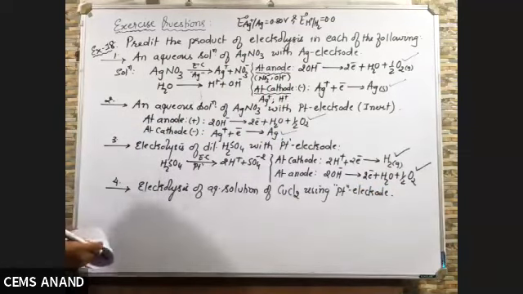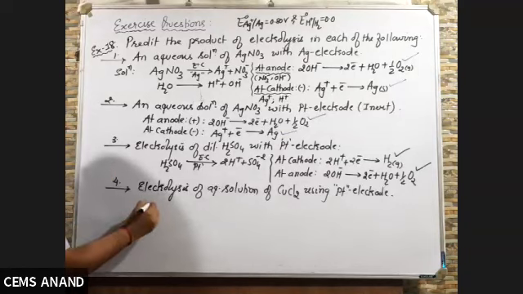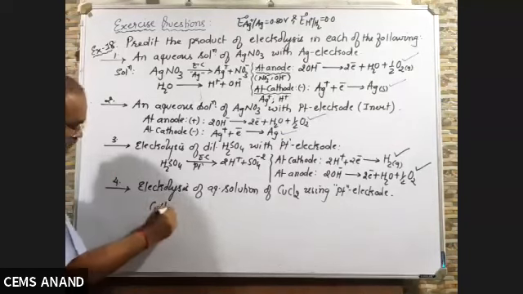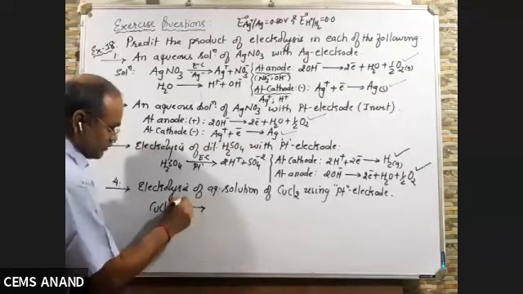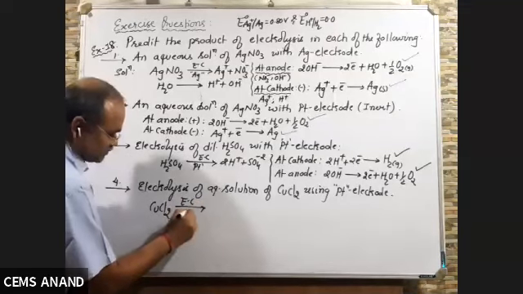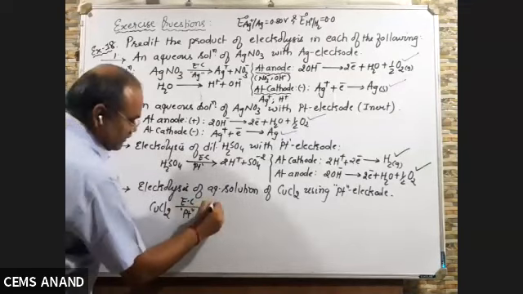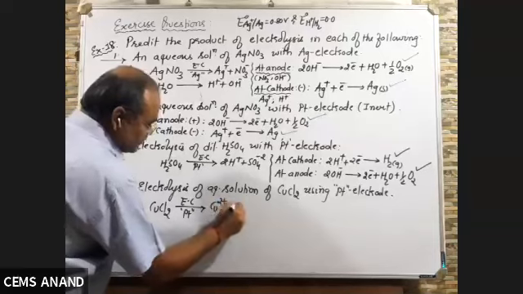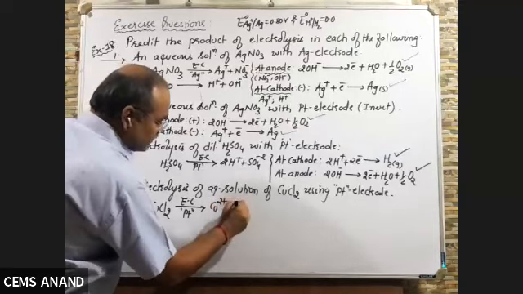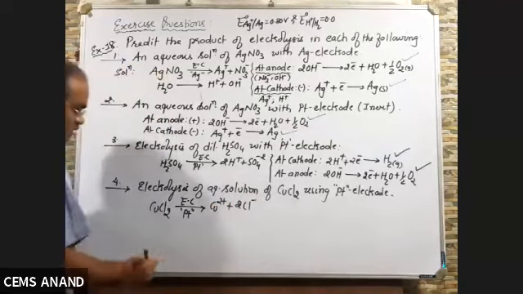Right? Now, you know how to write electrolysis. CuCl2 on passing electric current using platinum electrode, it will give you Cu2 plus and 2Cl minus. Now what will be the reaction?